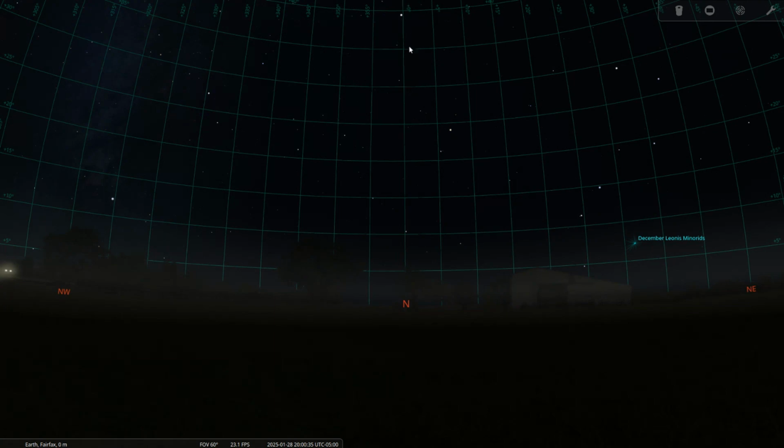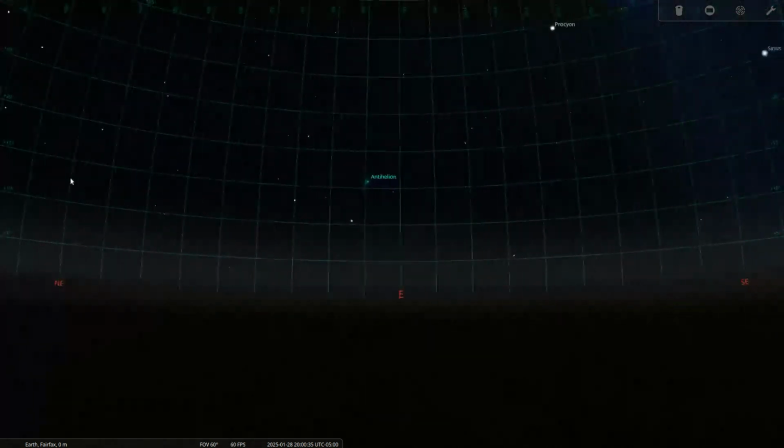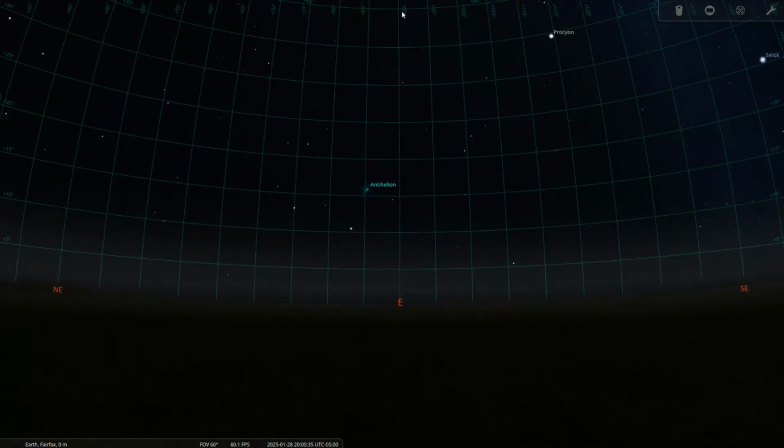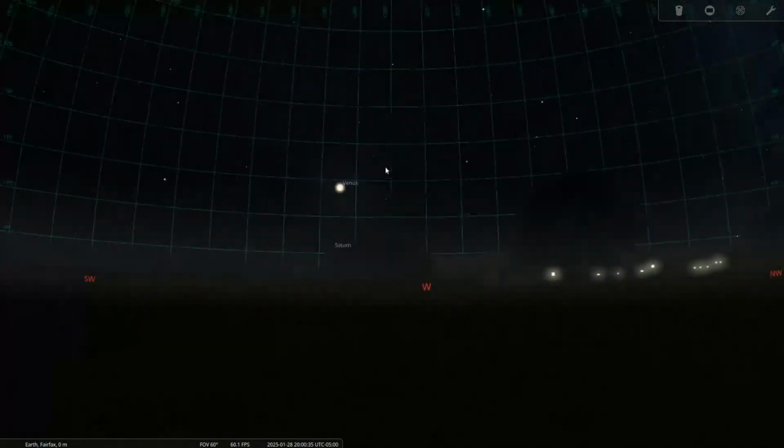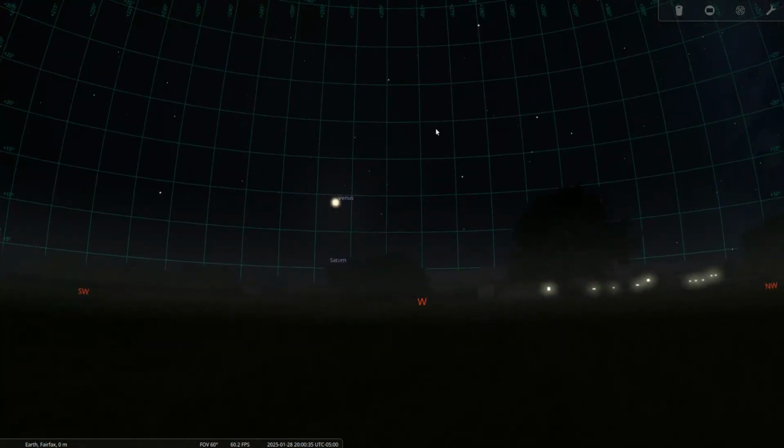This line corresponds to 0 degrees, and that is the line of the meridian. If I go to east, if I look due east, that line is 90. If I look due south, 180. And again, if I look due west, that is 270.